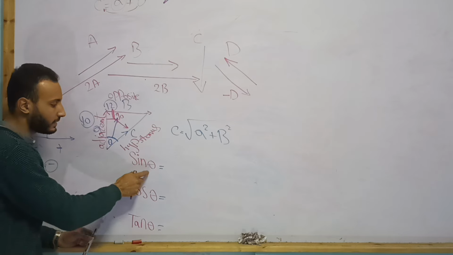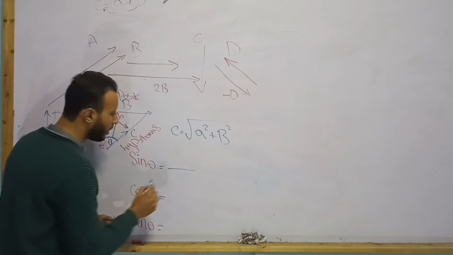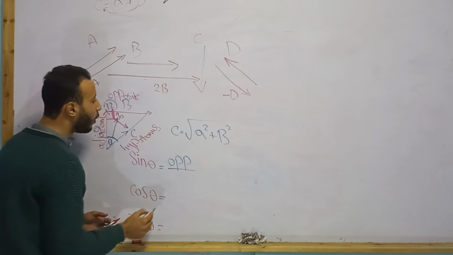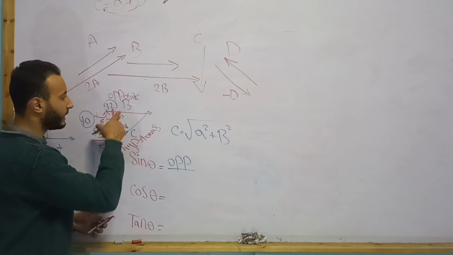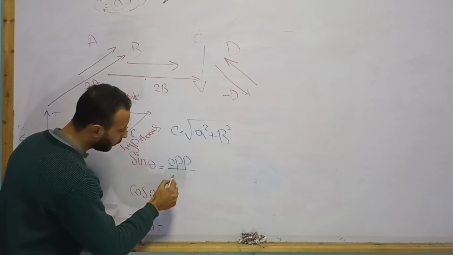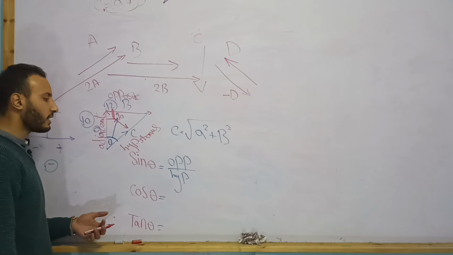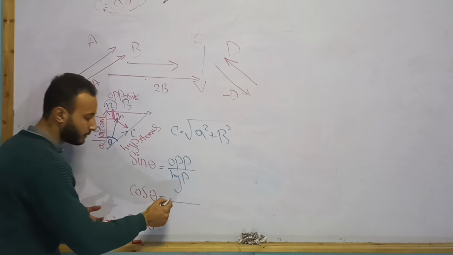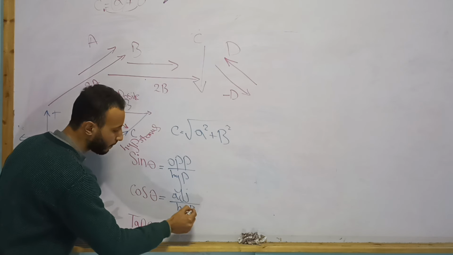Okay, so let's get back here. What does it mean by sine theta? Sine is equal opposite over hypotenuse. So opposite 12 over hypotenuse, this one, B over C. Opposite over hypotenuse. Let's get to the cosine. Cosine is equal adjacent over hypotenuse.